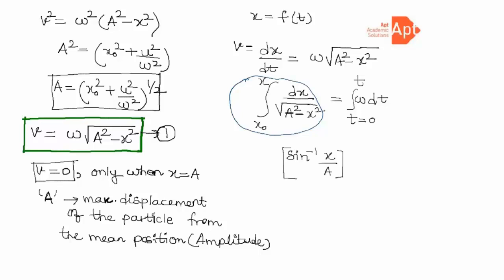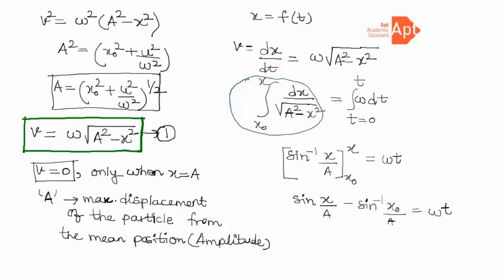The limits will be from x naught to x. Here the integration will be omega t on applying the proper limits. Now on substituting the values, we have sine inverse of x by a minus sine inverse of x naught by a is equal to omega t.